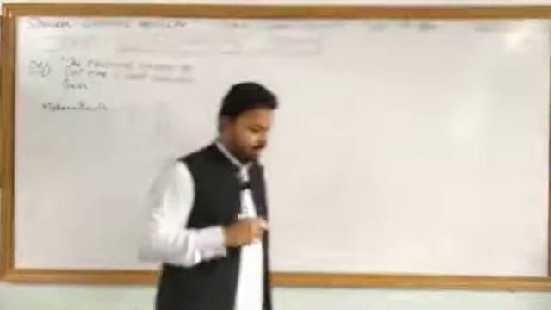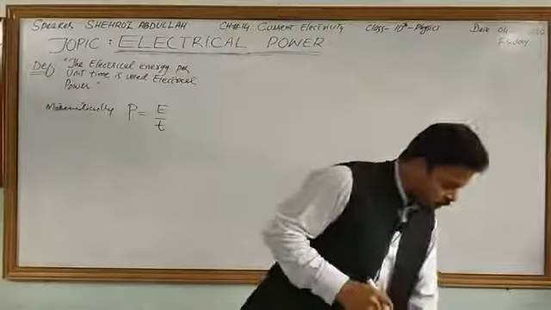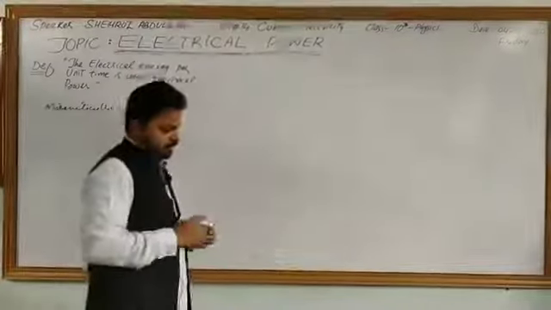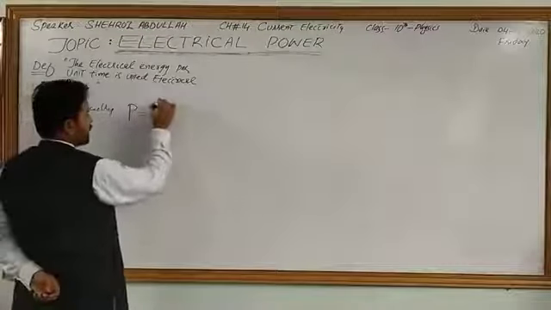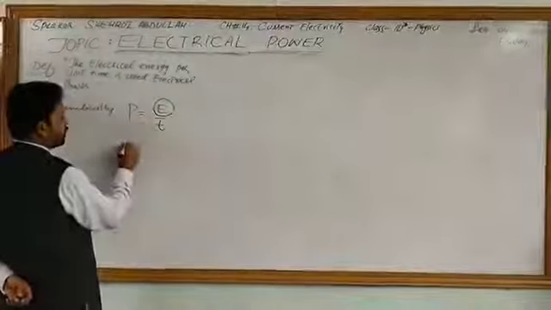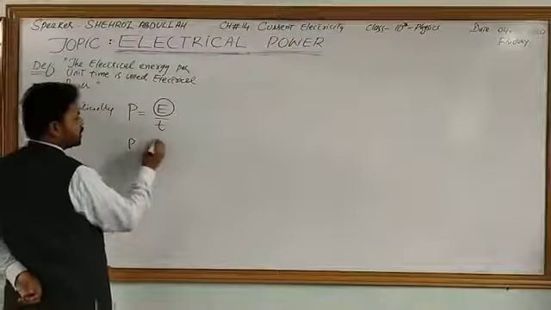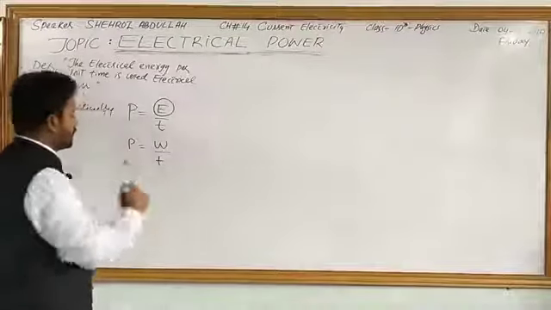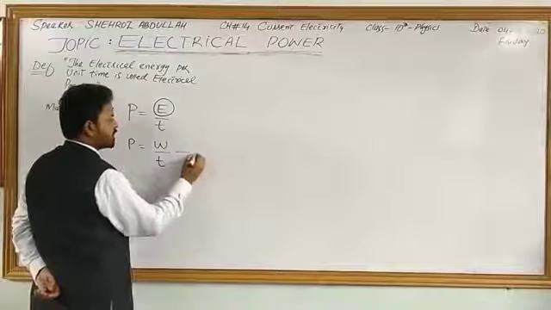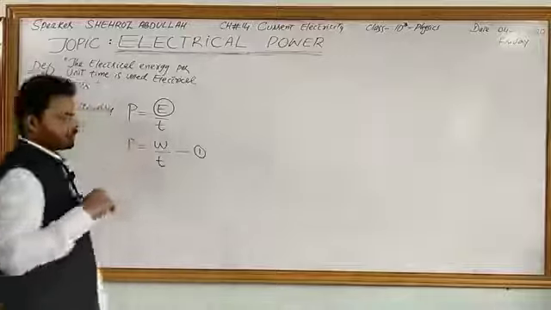Now we know that this energy is basically in the form of work done. So we can say that P is equal to W by T. Let me say that this is equation number 1.